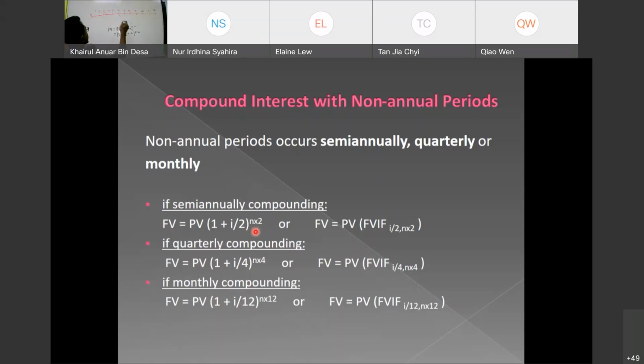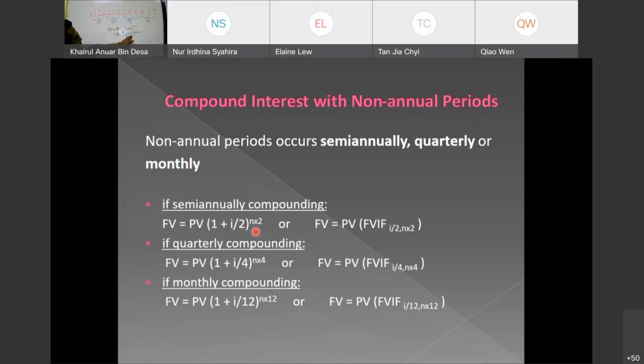This is 1, 2, 3, and 4. Every quarter: quarter number 1, quarter number 2, quarter number 3, quarter number 4.